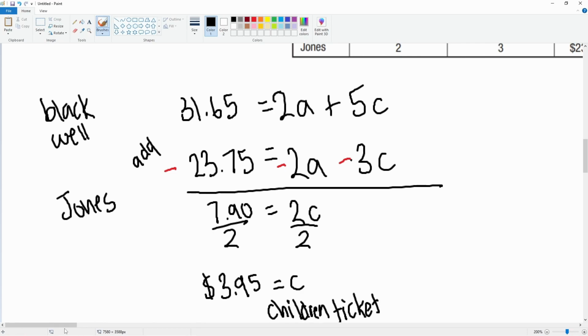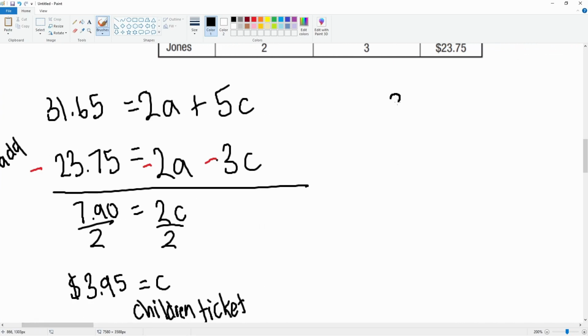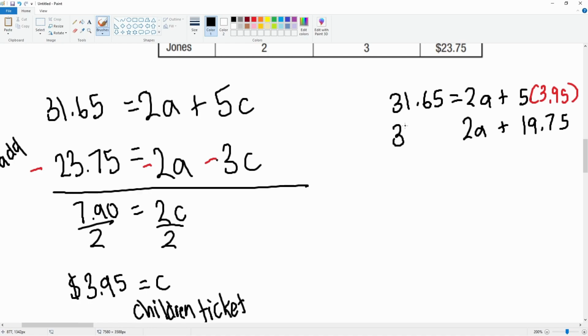And we know that $31.65, the first equation, is equal to 2 adults plus 5 children. But we know that the children's ticket, from what we just solved, was $3.95. So now we use $3.95 times 5. That gets you $19.75. That was the total of your children's tickets. Now we subtract the $19.75 from both sides.